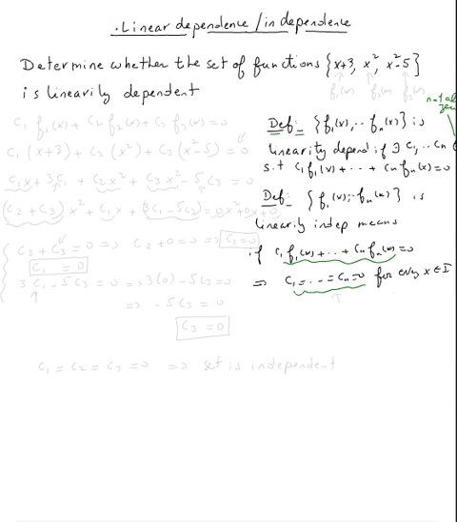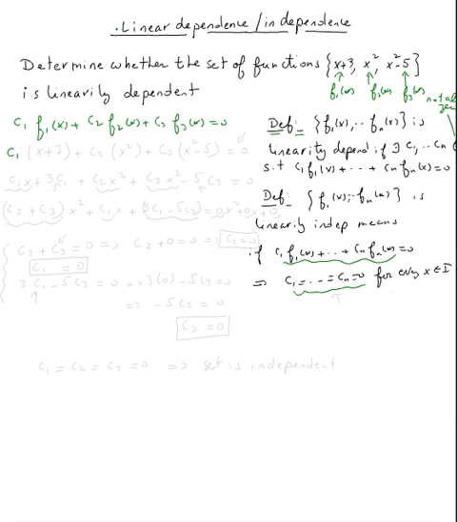So let's do this example. First, we write the linear combination and we set it equal to 0. So c1 f1 of x plus c2 f2 of x plus c3 f3 of x is equal to 0. Remember, this is f1 of x, f2 of x, and f3 of x.